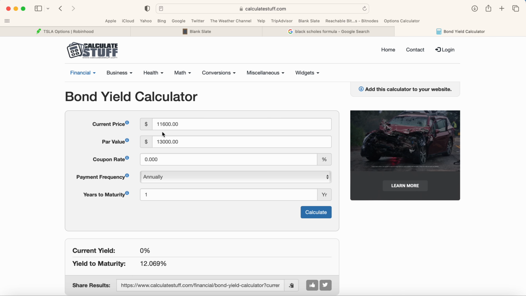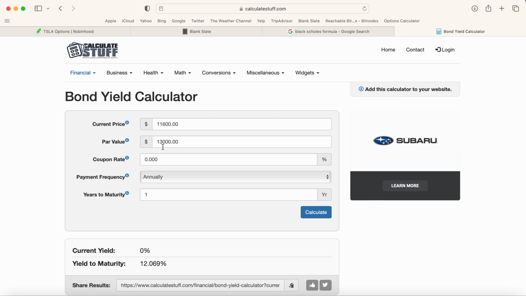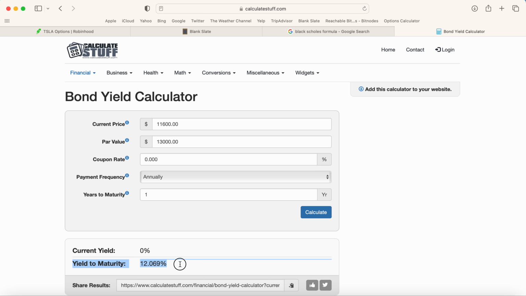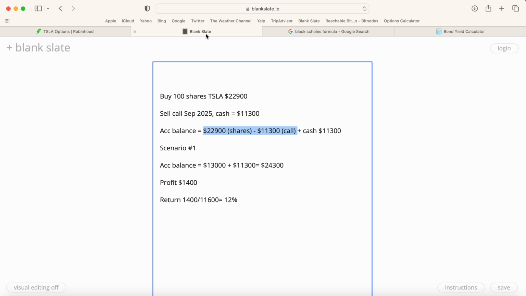If you see, we're having a current price of $11,600, a par value of $13,000, which is the money we're going to receive at maturity. This bond is going to mature in 1 year. And so that gives us a yield to maturity of approximately 12%. And that is exactly what we're having here.